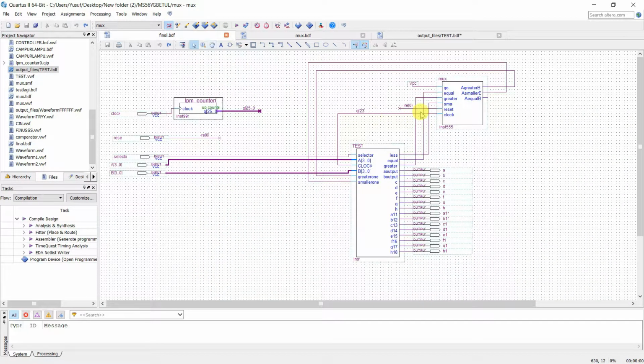And the go, we have connected to VCC, so we keep the control unit always on, and we control it through the reset button. If the reset button is high, then it will turn on. If the reset button is low, then it will turn off. And we have given the data selector here, and the output of the controller comes to the data path, and it shows the output.